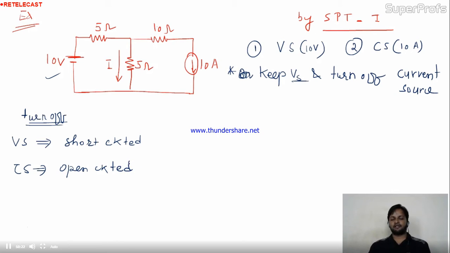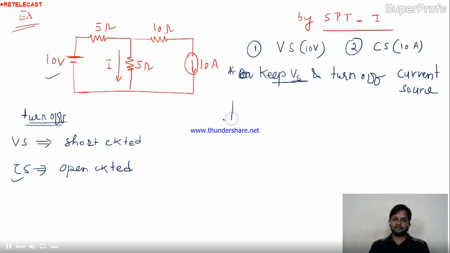Are you getting me? Suppose you want to remove the voltage source from the circuit, you will replace it by a short circuit. But when you want to turn off the current source, you will replace this particular branch by an open branch or open circuit. Here first I am taking the voltage source in consideration.